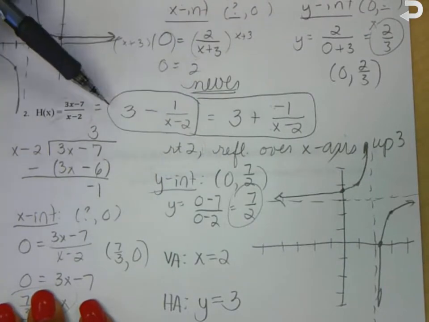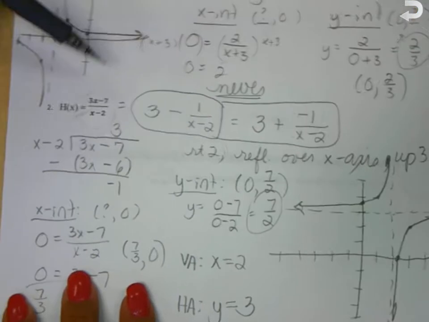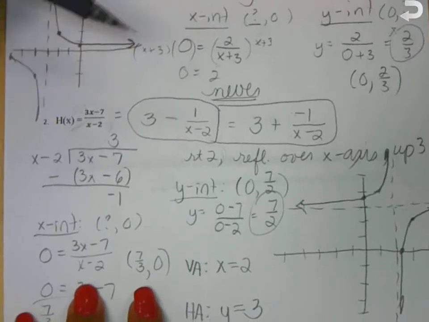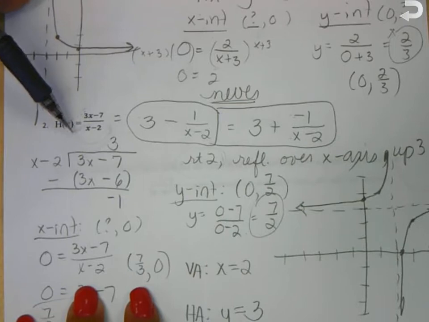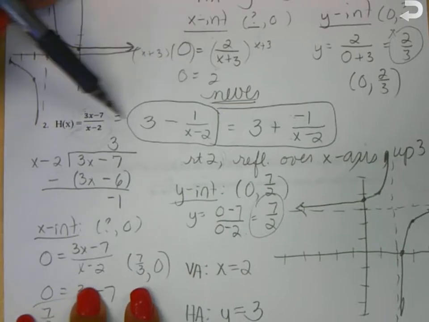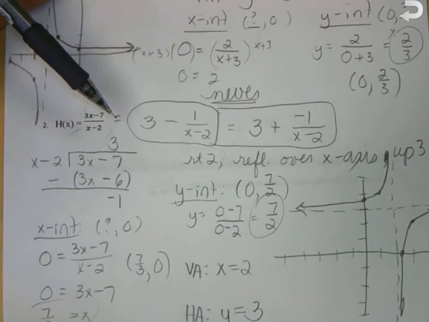Now we can see that the vertical asymptote is going to be shifted, but it's a little difficult to tell that you're going to have this reflection take place unless we have it in this revamped form. Okay, so that's always the thing to start. Anytime you have a rational function, your asymptotes will be easier to see and the reflections will be easier to see if you do the division to begin with.